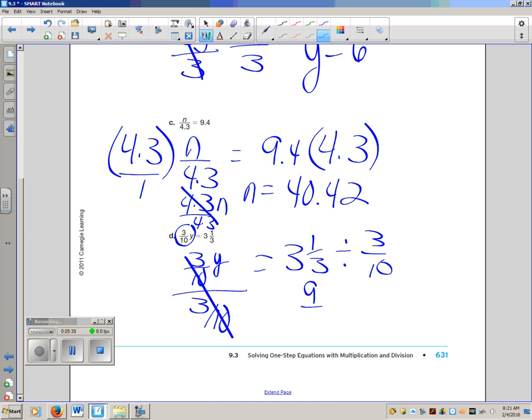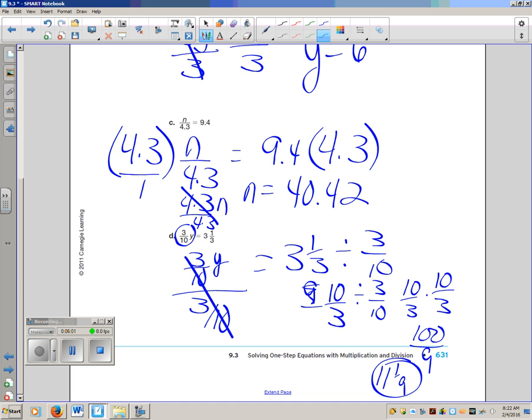Write the correct improper fractions. 10/3 divided by 3/10 is 10/3 times 10/3, which gives me 100 over 9. Simplify that, you get 11 1/9. So you just need to do the inverse operation on every single problem.